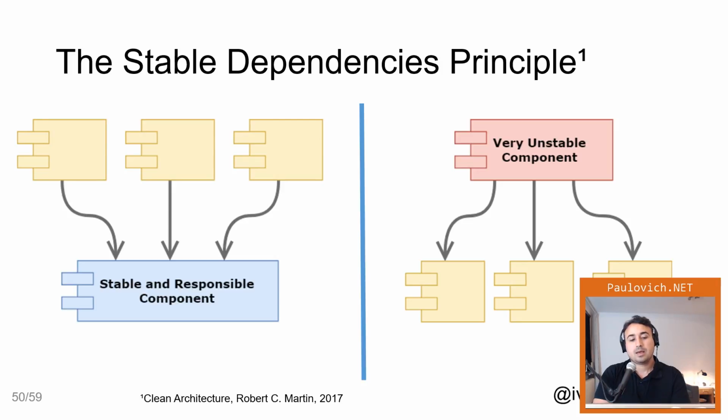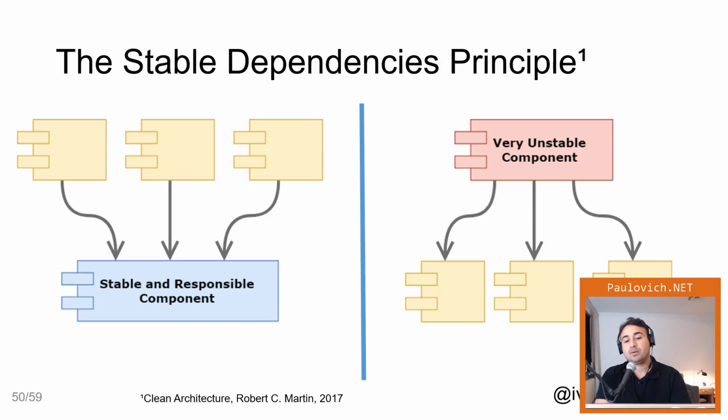Because let's see in the blue box, the component in blue are responsible for 3 other components. So these 3 other components depend on some API of the blue one. Also, this blue component is stable because it does not depend on anything.